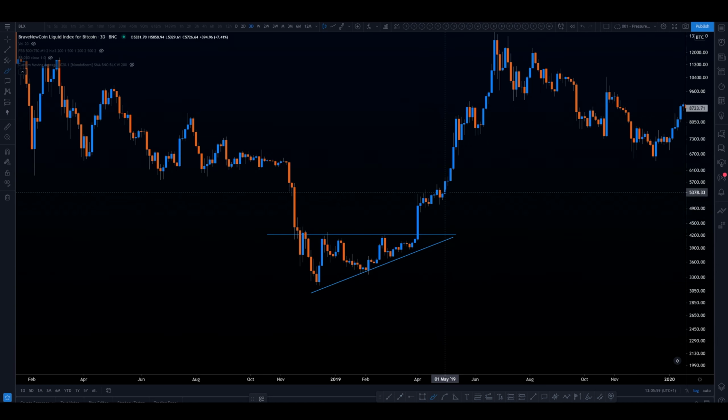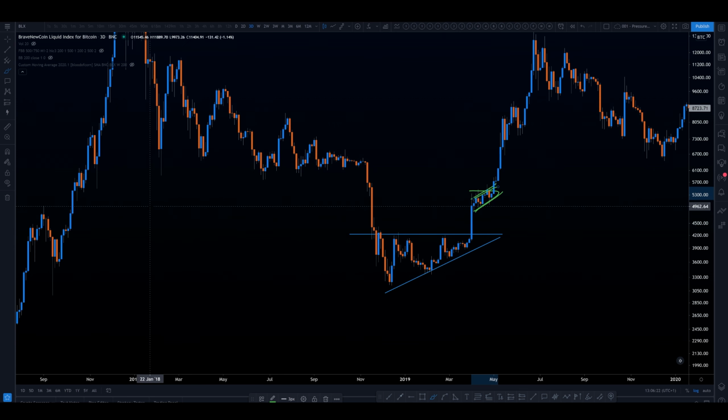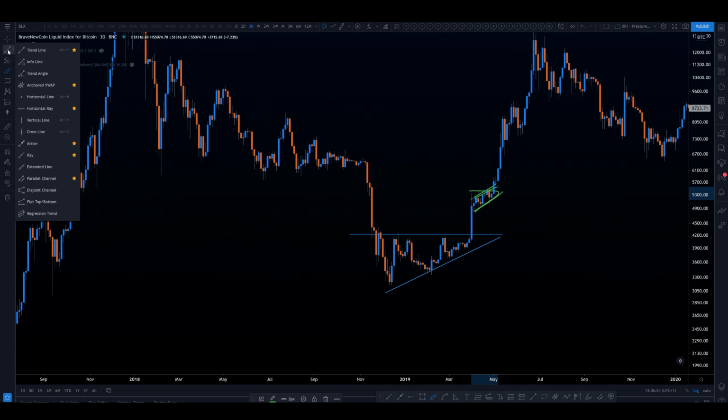So we could have seen this kind of pattern here again, or maybe this channel, which is also bullish. We do have a bullish continuation pattern up here after the breakout of this range. But we could have expected resistance, for example, at this level.